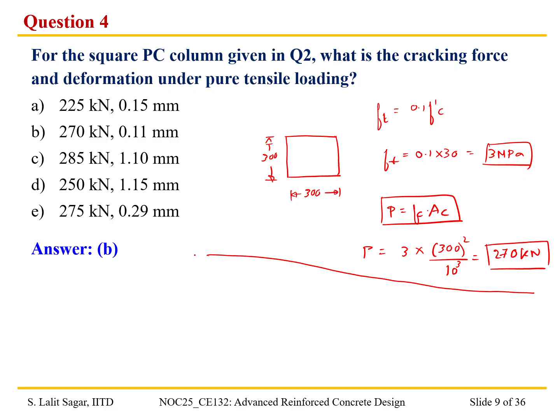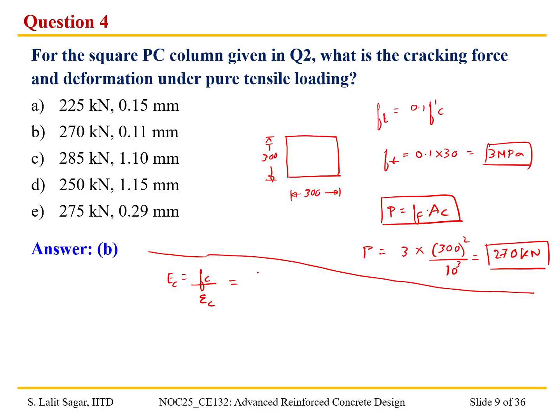We need to determine the strain that is corresponding to this cracking stress. So we have the modulus of elasticity of concrete equal to Fc by epsilon c, this is for compression.